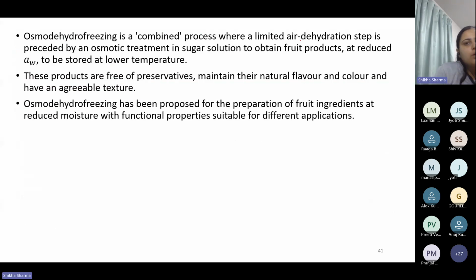Osmodehydrofreezing is basically a combination where a limited air dehydration step is preceded by osmotic treatment in a sugar solution to obtain fruit products at low water activity, to be stored at low temperature. These products are basically free of preservatives and more similar to fresh food.